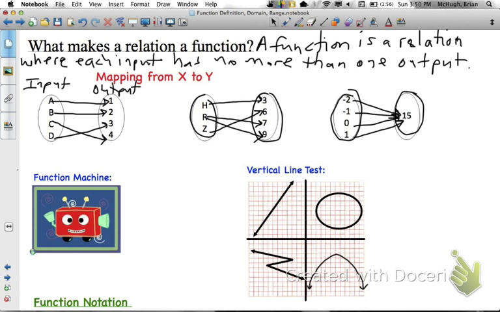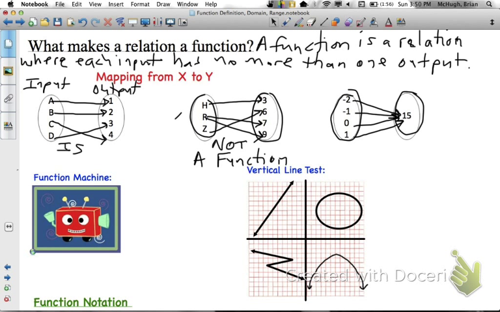For instance, this first example here is an example of a function because each input, A, B, C, and D, is mapped to or relates with just one particular output. So the A maps with 1, B with 2, C with 4, and D with 3. But the second example is not a function. Can you see which input relates with more than one output?